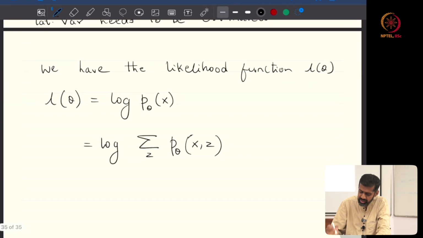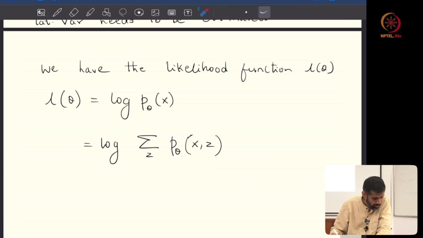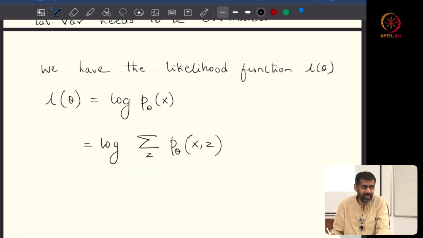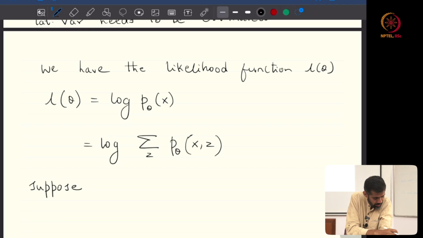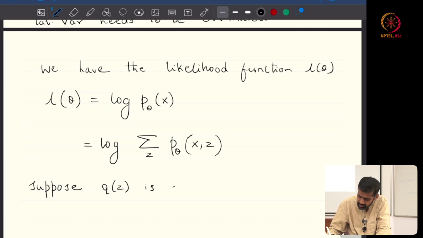So now this is what the likelihood is, p theta is now marginal over these two. So remember that now our goal is not only to estimate theta, which are the parameters, but also to estimate a density over z, because we do not know what z is. So suppose q(z) is some density over z.